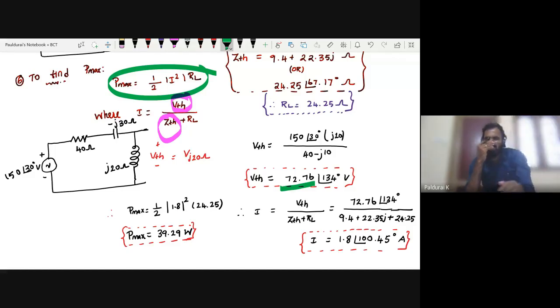So you will get some other answer, right? Just verify this with your calculator. So the best practice and correct answer is to add the angle also, because you have ZTH in complex form. So add the angle: 72.76 at an angle of 134 divided by this answer, right? Okay.